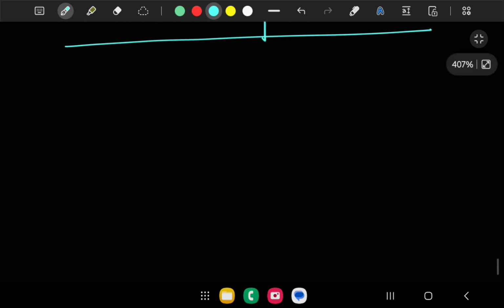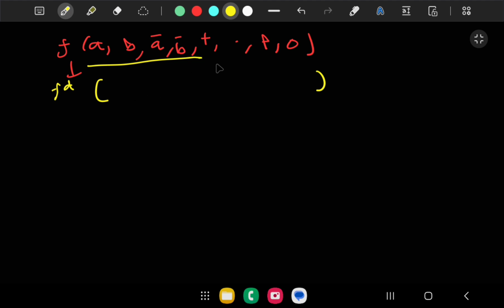So to find the dual, if you have a function with a, b, a bar, b bar, plus, and 1, 0, then how to find the dual? What you'll do: don't disturb the literals. These literals you don't have to disturb.